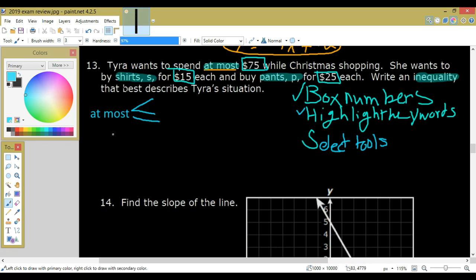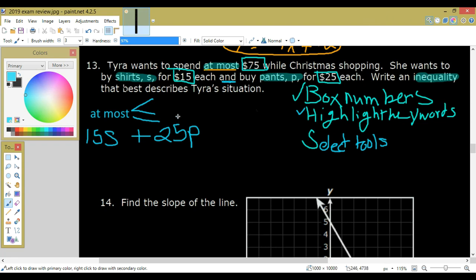And we know that shirts is $15 each, so we put 15 in front of the S. We also have the word and, that's a plus sign. Pants P, 25 each. So we're going to put $25 in front of the P for pants.